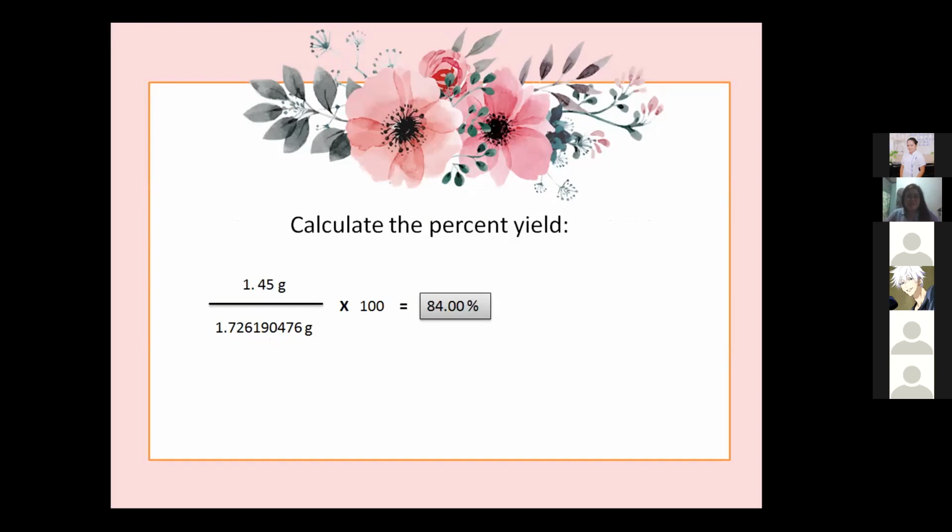For our percent yield, the weight of the NaCl we recovered, we divide by the computed theoretical yield of 1.726190476 grams, multiply by 100, and we get 84%.